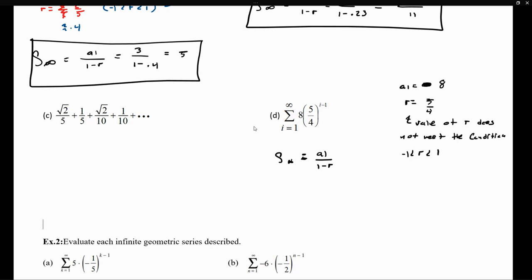And if it's not meeting this condition, then the sequence diverges. And if the sequence diverges, then the series must diverge, which in this case, we can say that this series diverges, and therefore there is no finite sum.